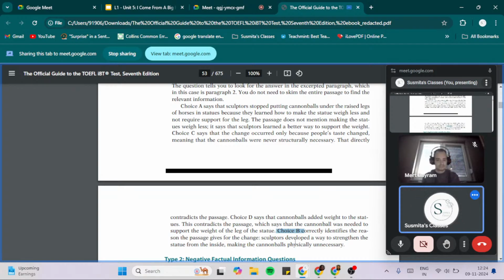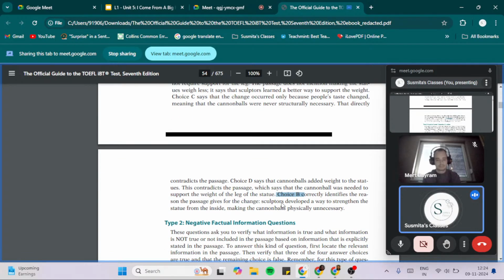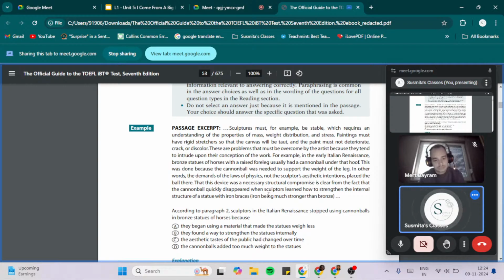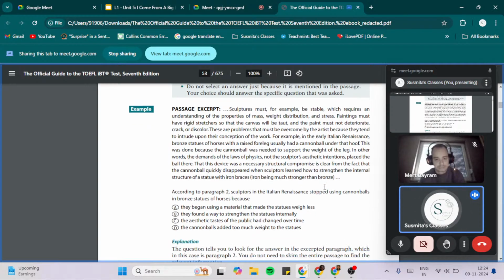That is, sculptors developed a way to strengthen the statue from the inside, making the cannonballs physically unnecessary. So you understood this question, right? Great. The way you selected just now, you have to select based on what is mentioned there, nothing from your own knowledge.